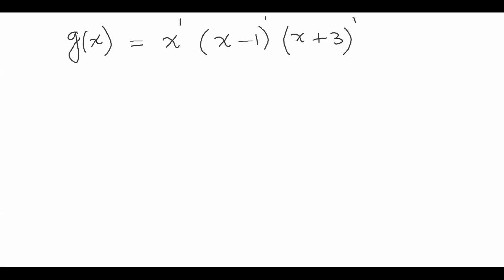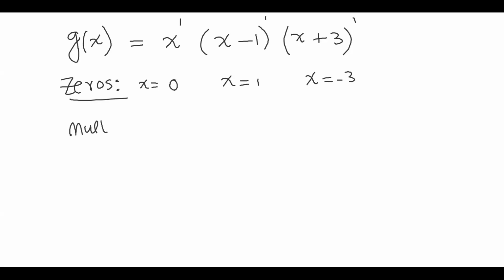So the zeros are going to be the zeros for this function: x equal to 0, x equal to 1, and x equals -3. And the multiplicity is the powers, so it's 1, 1, 1. So all of them are odd multiplicity.